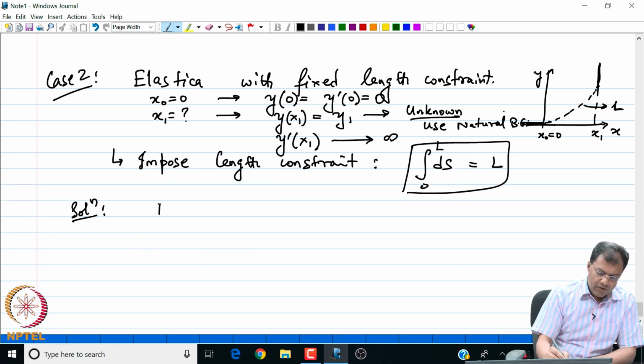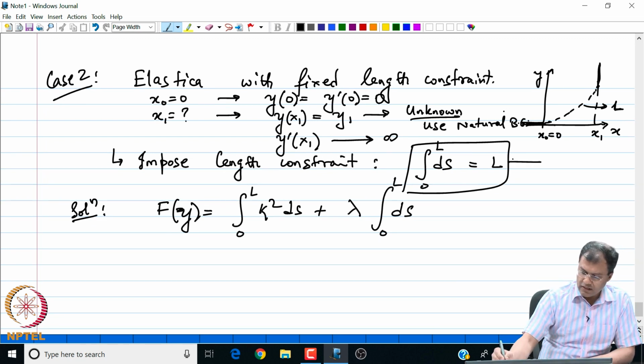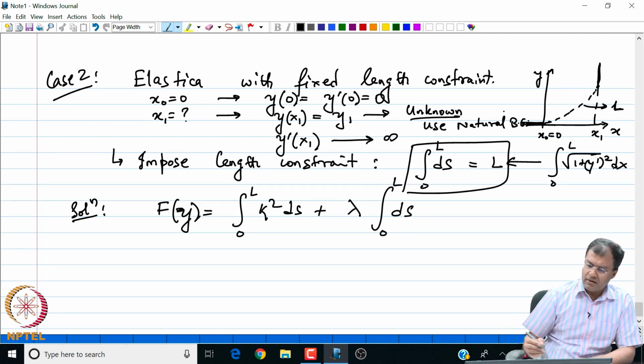The functional F is the integral from 0 to L of kappa square ds plus lambda times ds from 0 to L, where lambda is my Lagrange multiplier, and this constraint is nothing but the integral from 0 to L of square root of 1 plus y prime square dx.